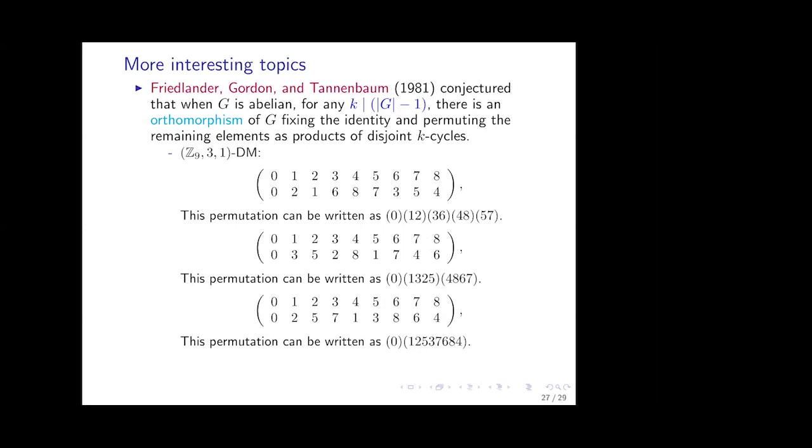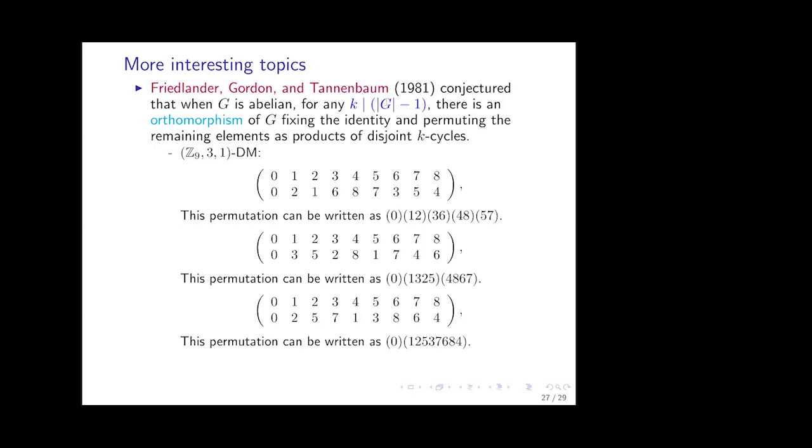Now we reread the conjecture. Again, the conjecture says if G is abelian, for any K dividing the size of G minus 1, there exists an orthomorphism of G fixing the identity and permuting the remaining elements as products of disjoint K cycles. So this conjecture is stronger than the Hall-Paige conjecture.